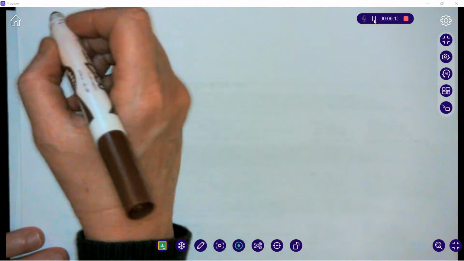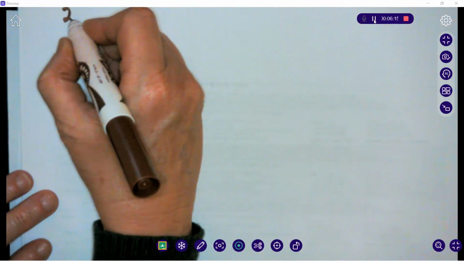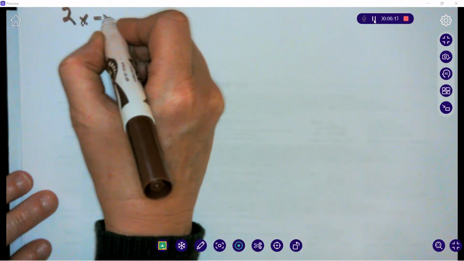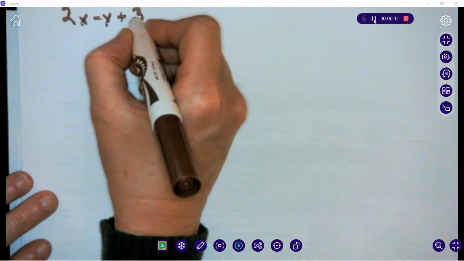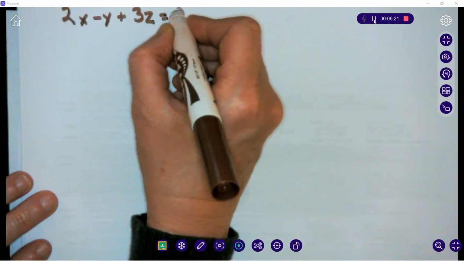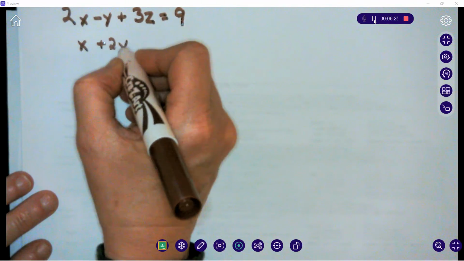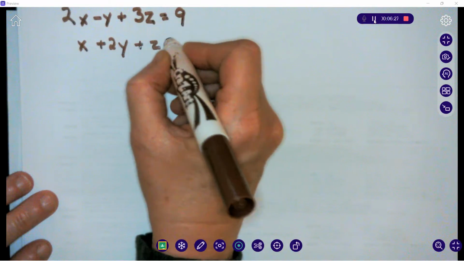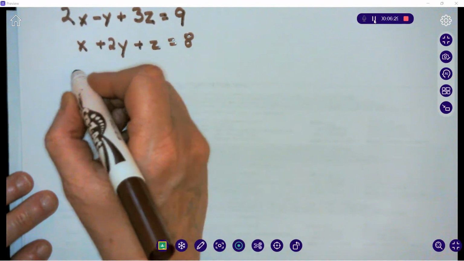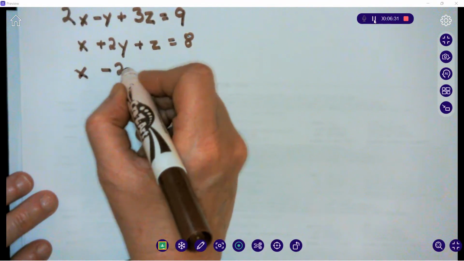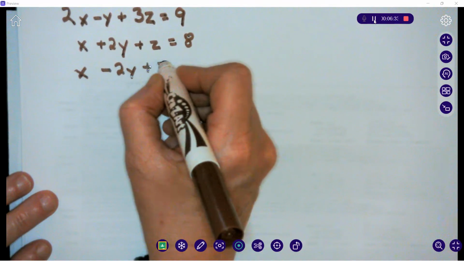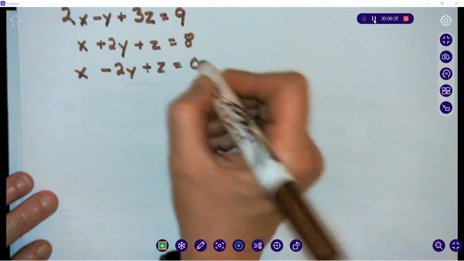So in this one, we're going to have our first equation, 2x minus y plus 3z equals 9. x plus 2y plus z equals 8. And x minus 2y plus z equals 0.